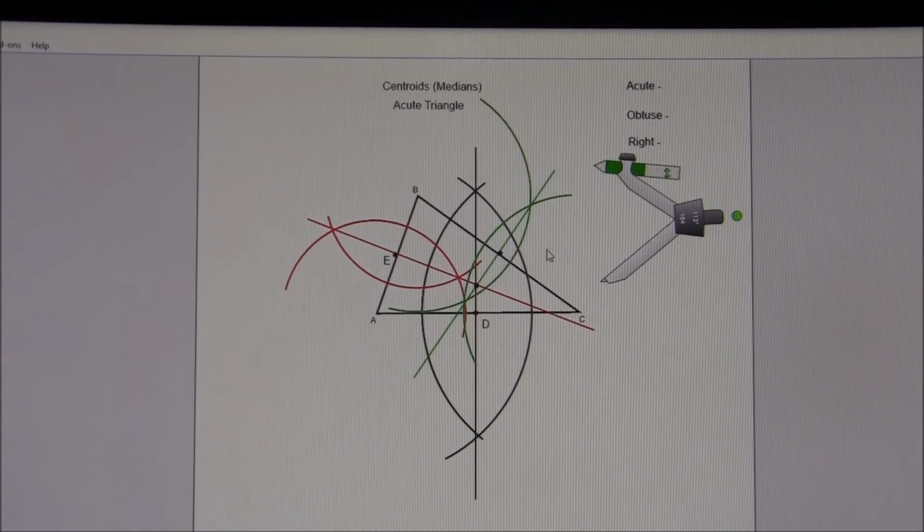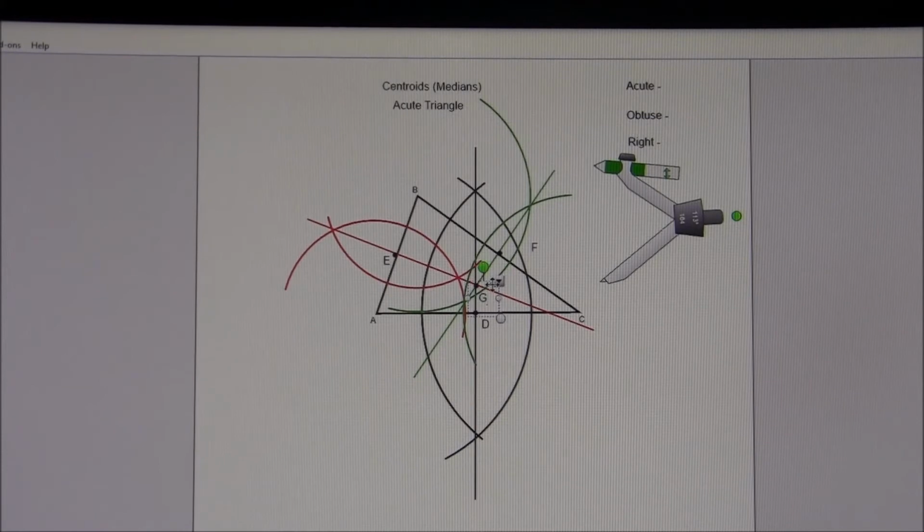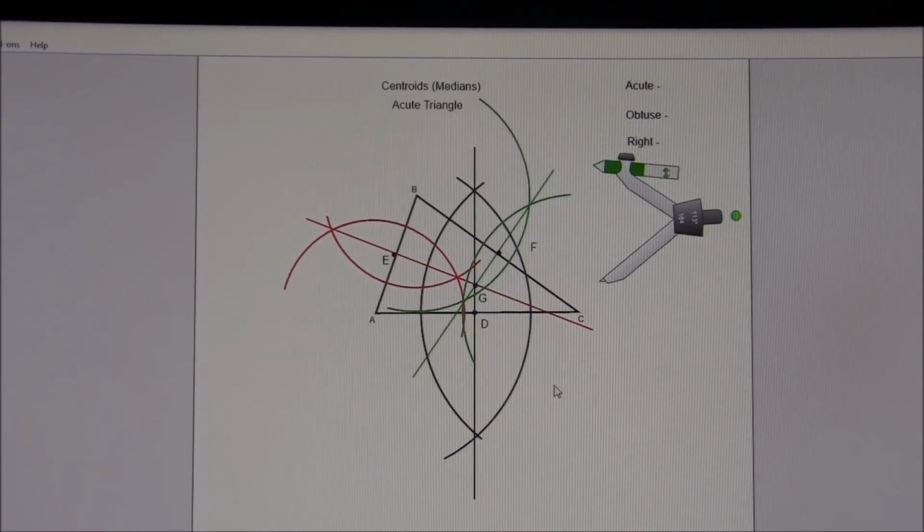We're at F for that point, point F, and where they meet on the inside is point G. We have to focus on this point G. Now I know the circumcenter distance from the circumcenter to each vertex is the same.